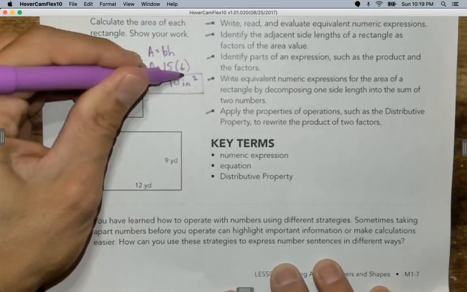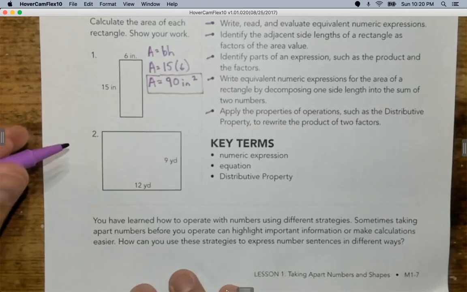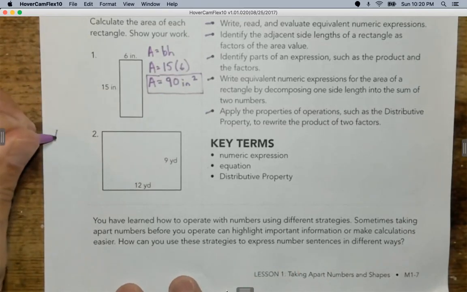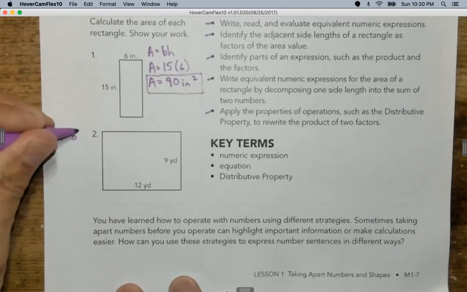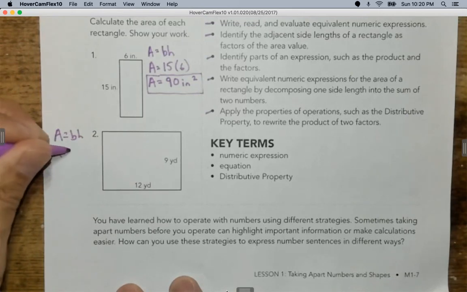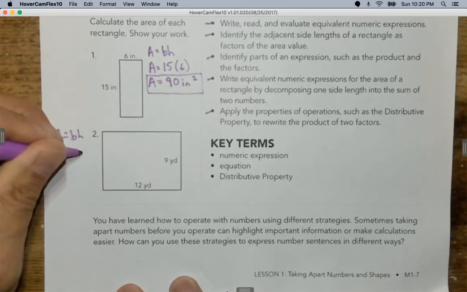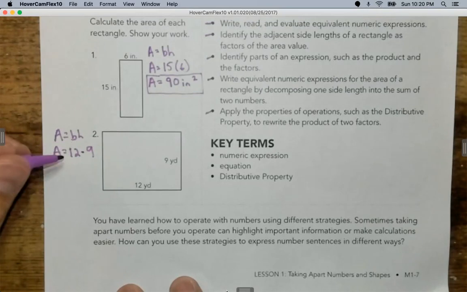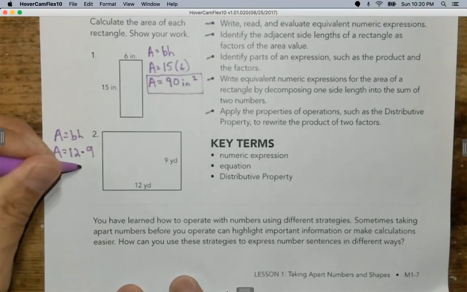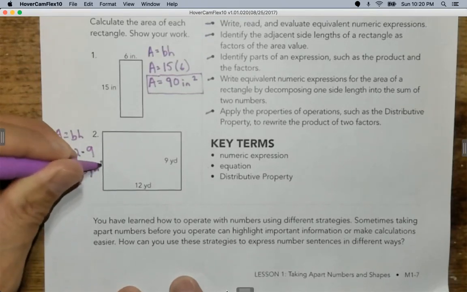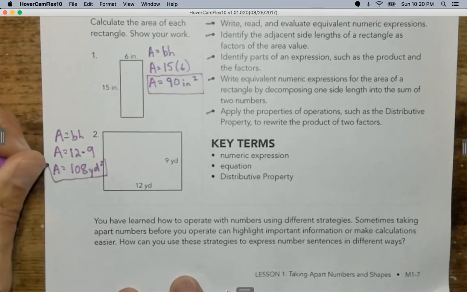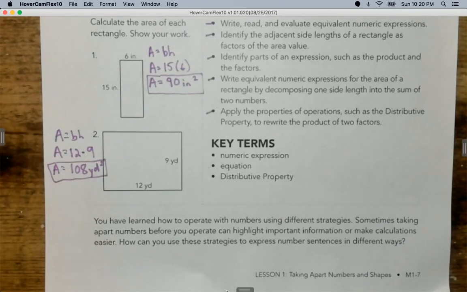For this second one, it's also a rectangle. I would also have area is base times height. For this one, I would put in 12 times 9. And after I put in 12 times 9, I would get as my answer 108 yards squared. And so that is the other part of the warm-up. So when I'm finding the area of a rectangle, I would take base times height.